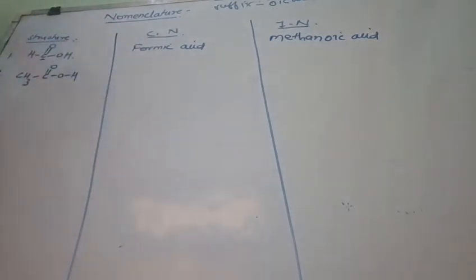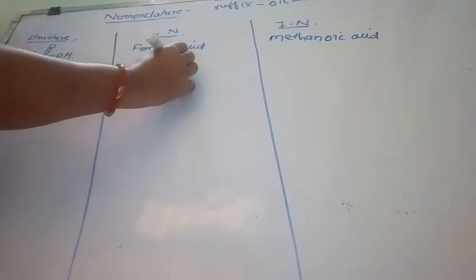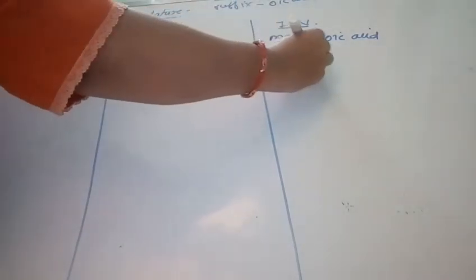Vinegar is known as acetum in Latin, right? Therefore, it is known as acetic acid. So its common name is acetic acid. And the IUPAC name is ethanoic acid.